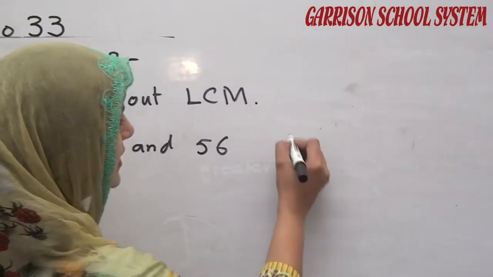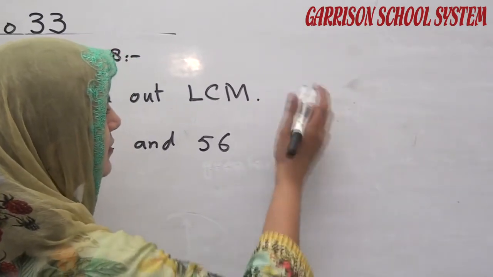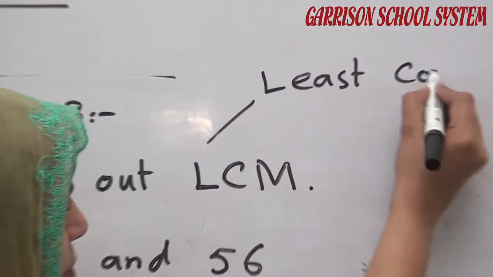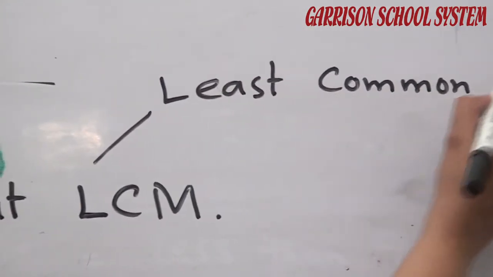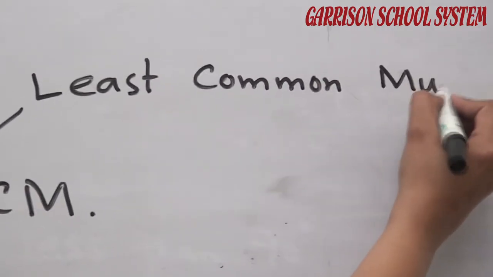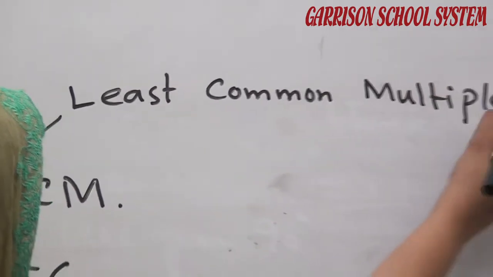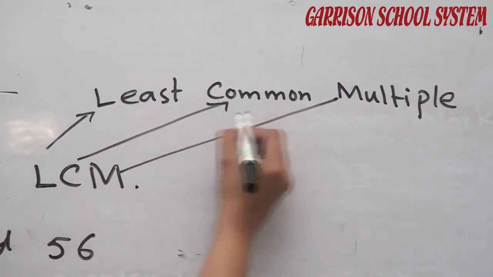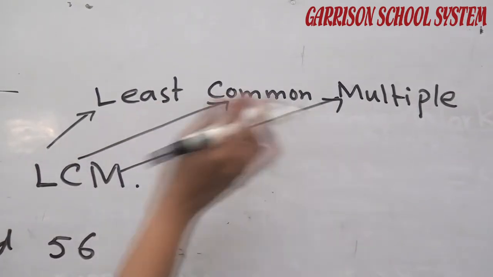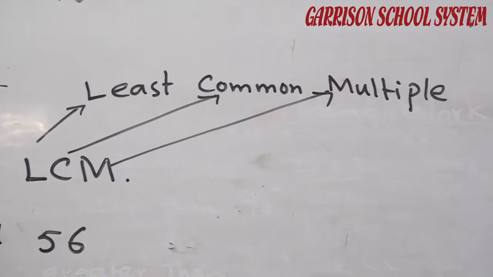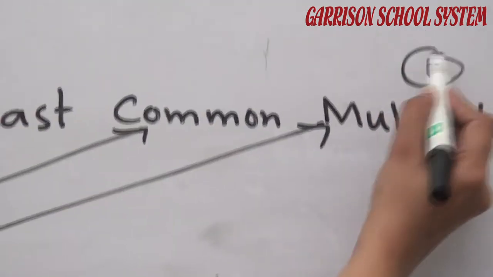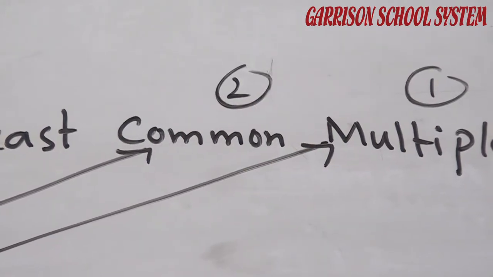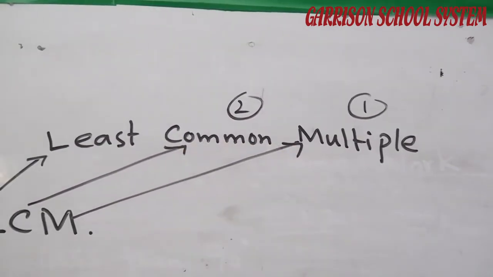LCM means least common multiple. It means first of all we have to find out the multiples, then we have to find out the common multiples, the common numbers of multiples.